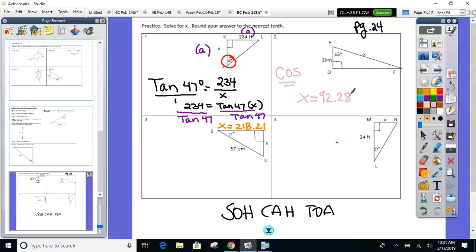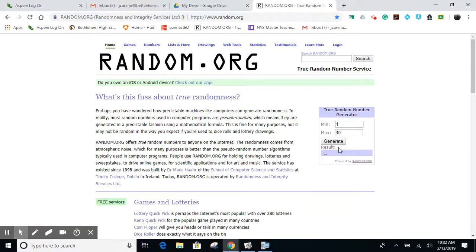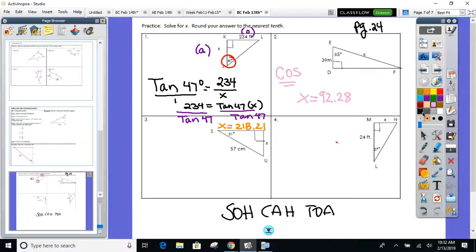Okay. Next up on problem number 3. What do we end up with? Use sine, yes, you do. X equals. Anybody have an issue there?